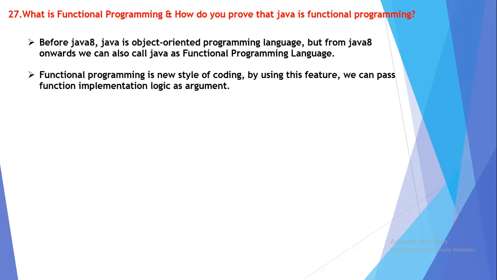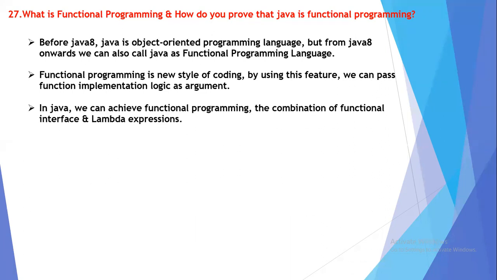Before Java 8, we would pass an argument as either any value or reference object, any array object, any list object. From Java 8 onwards, we can pass functional implementation logic directly.